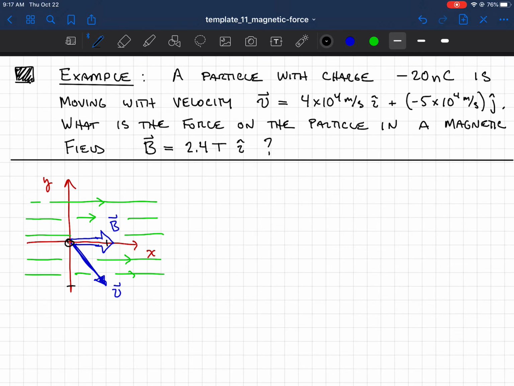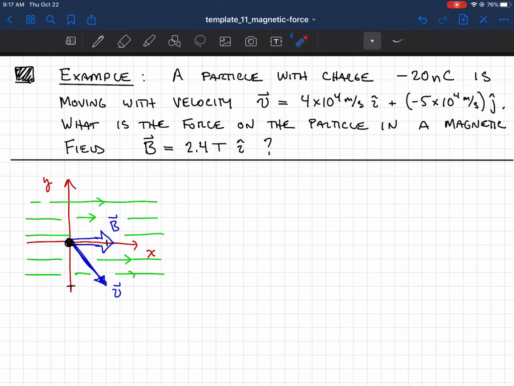And just like we did with electric fields, we treat the magnetic field lines as uniform if they have equal spacing. So if I'm talking about a uniform magnetic field, which is what this means, it's a single value at any point in space, then I draw magnetic field lines that are equally spaced.